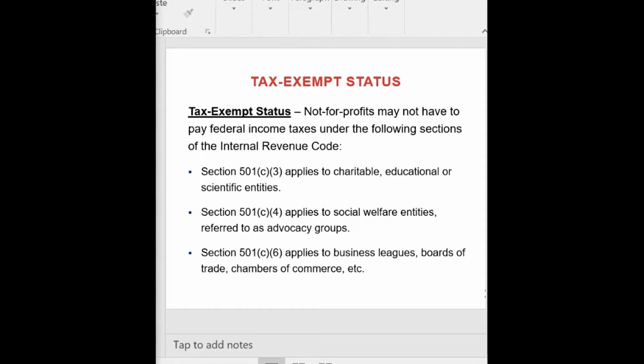Section 501(c)(3) is applicable to charitable, educational and scientific entities. Section 501(c)(4) applies to social welfare entities, which are sometimes referred to as advocacy groups. And the last one, section 501(c)(6), applies to business leagues, boards of trade, chambers of commerce, etc.